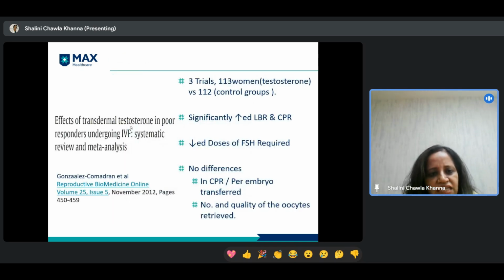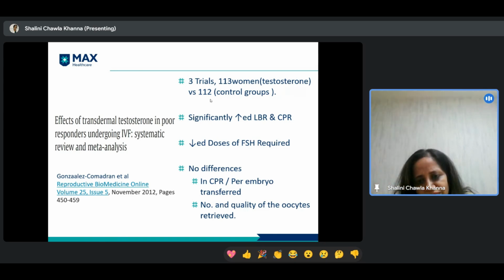Now, I'll be covering testosterone first. This was a randomized trial and meta-analysis by Gonzalez et al. in 2012. They took 3 trials, with 113 women in the testosterone group versus 112 in the control group. There was a significant increase in the live birth rate and the clinical pregnancy rate.